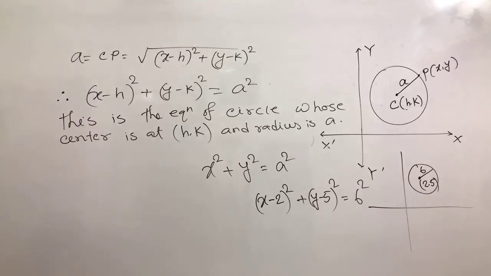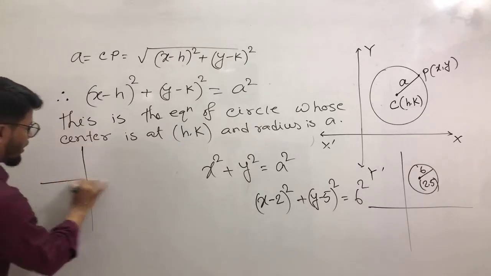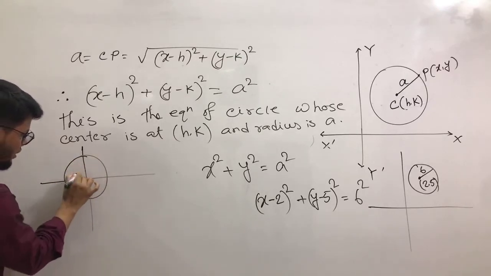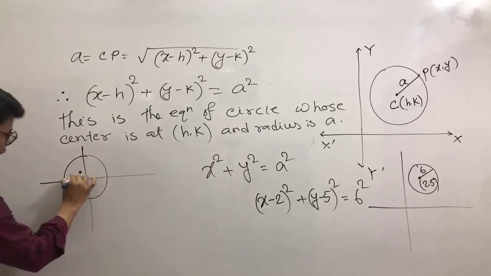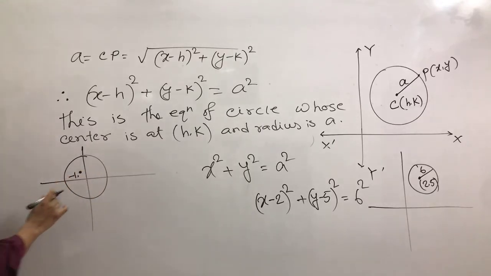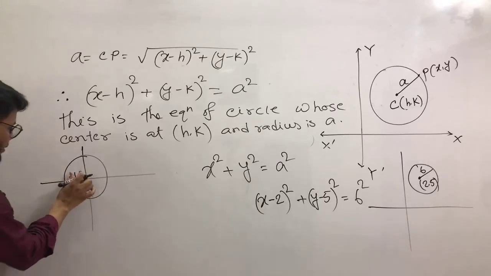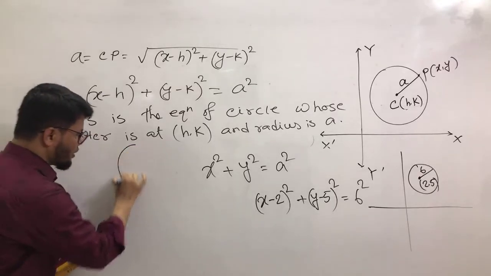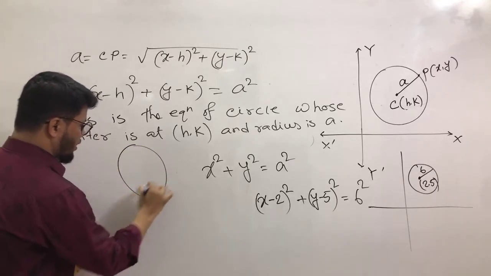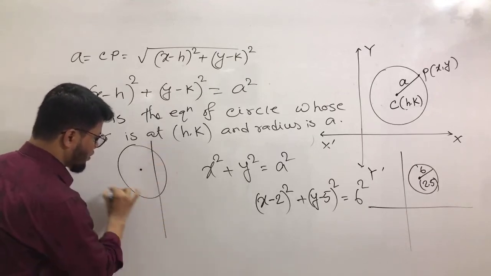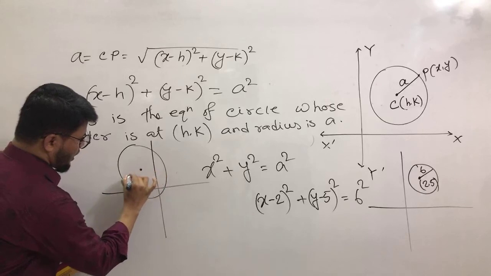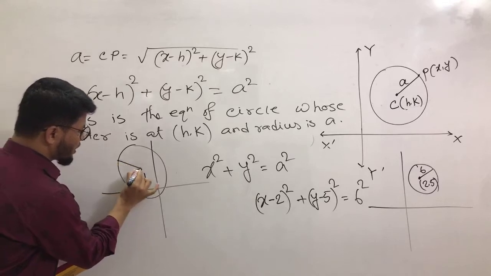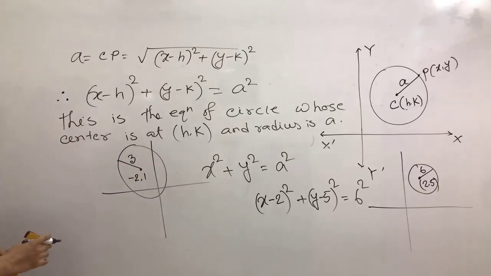So dear students, let me give another example. This is the circle, and the center is at minus 2 and 1. And the radius of the circle, if we think here, is 3 units; radius is always positive.